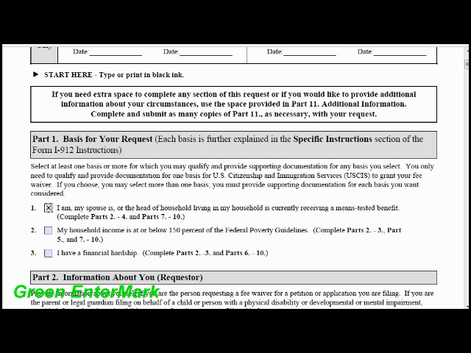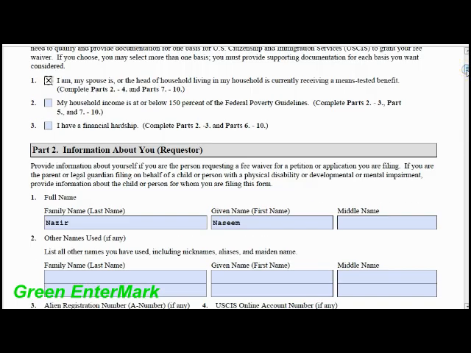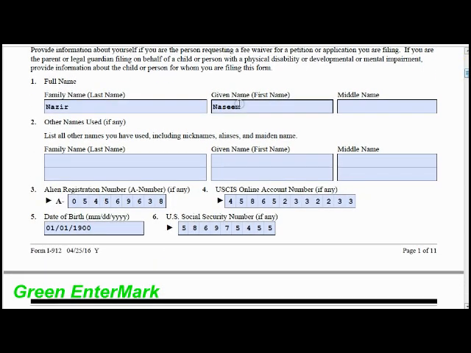Now we start Part 2, how to fill it out. Part 2 is regarding information about you: the last name, first name and middle name, and if you have any nickname, aliases or maiden name, you have to mention it here.